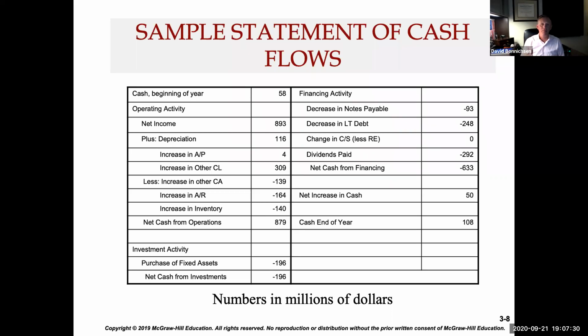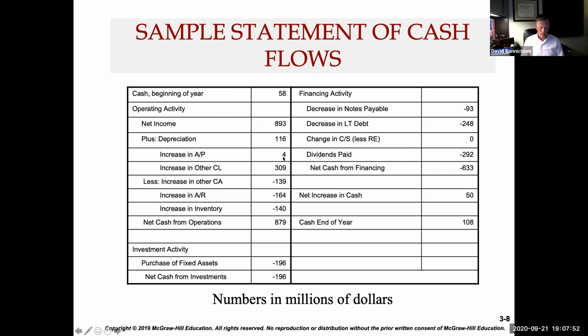We know that an increase in accounts payable is a source of cash. So accounts payable from the balance sheet went from 303 to 307. So that's an increase in accounts payable of $4 million.